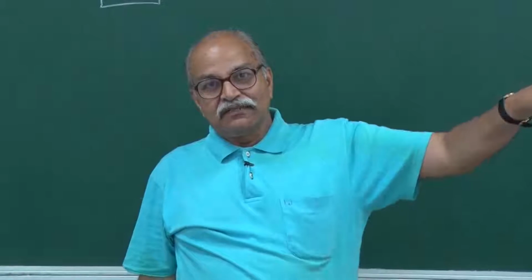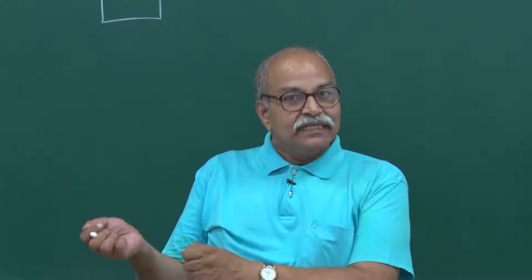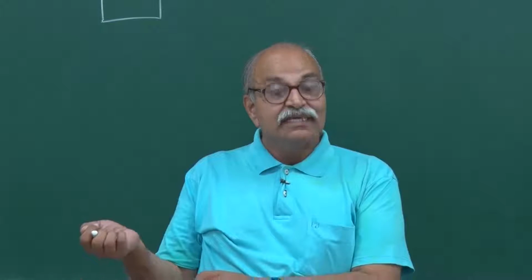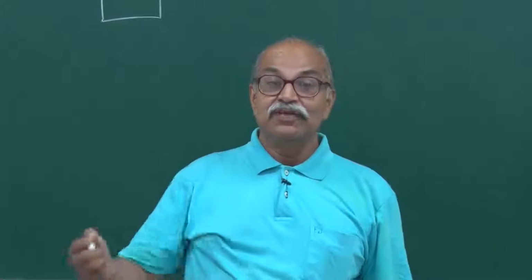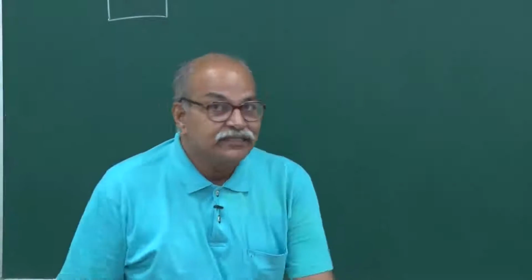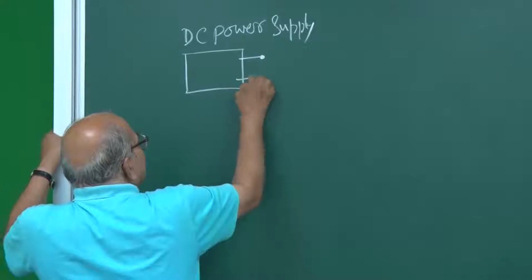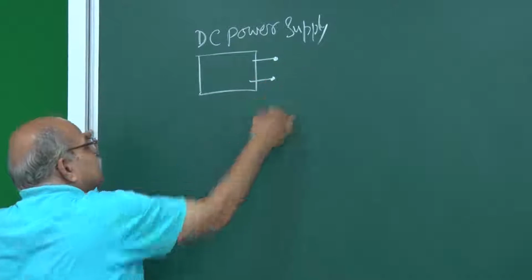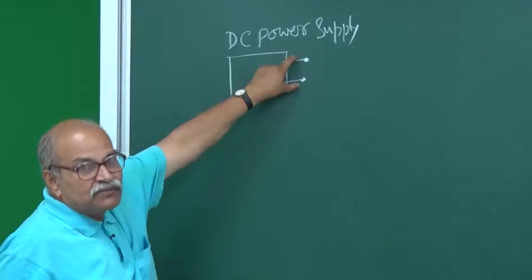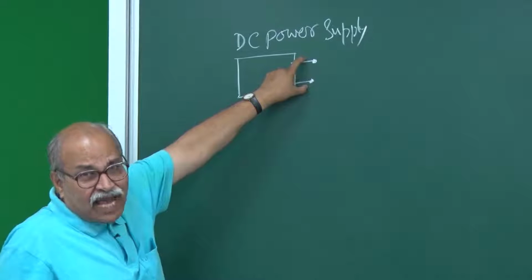We put it in that 220 volt socket, and then on the lead what appears is a DC of some 3.2 volts or whatever that appliance needs. So this DC power supply is supposed to give me a voltage difference that must be fixed as a function of time. But many times it doesn't happen like that.